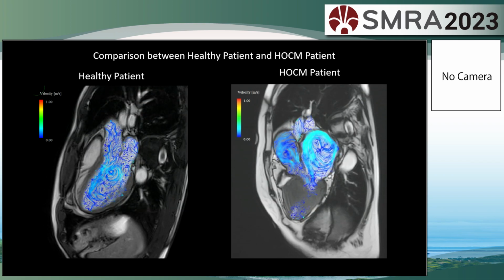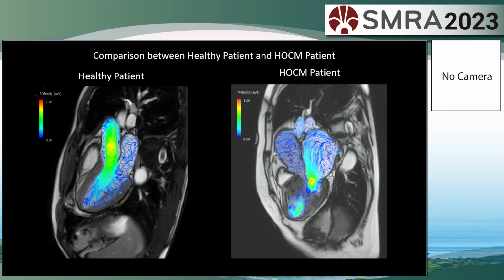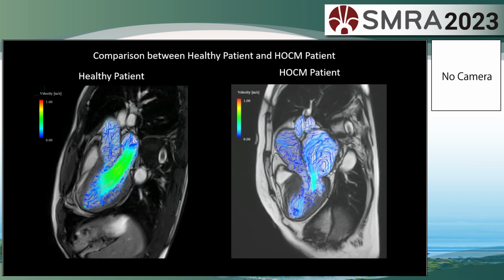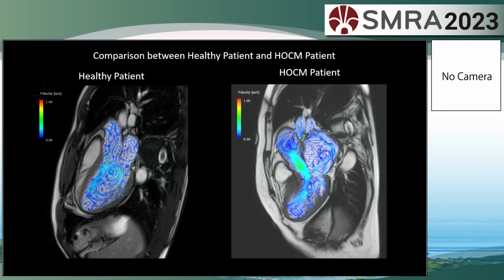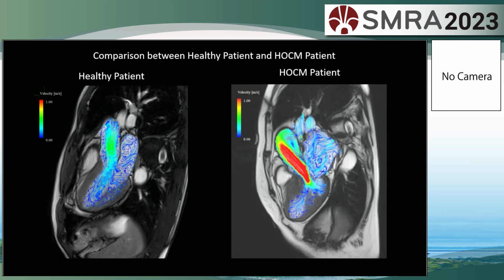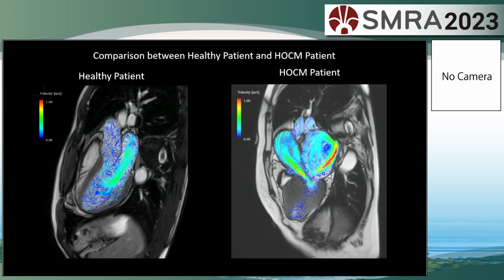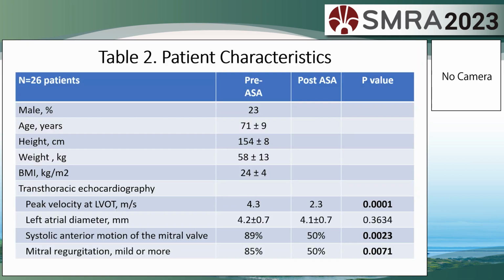On the other hand, on the right side, in HOCM patient image, you can see a significant vortex flow in ascending aorta, sinus of Valsalva, and left atrium. So this is our patient characteristics. In most of cases, the alcohol septal ablation was successful with significant reduction of peak velocity at LVOT.